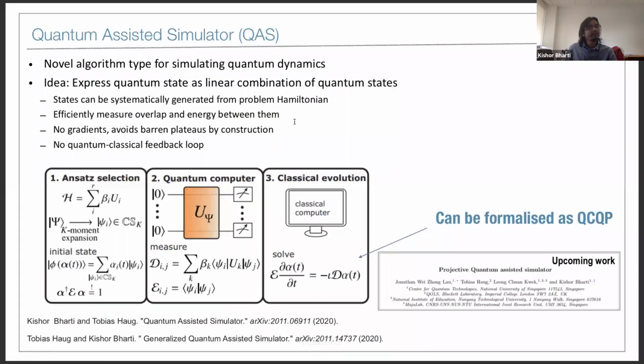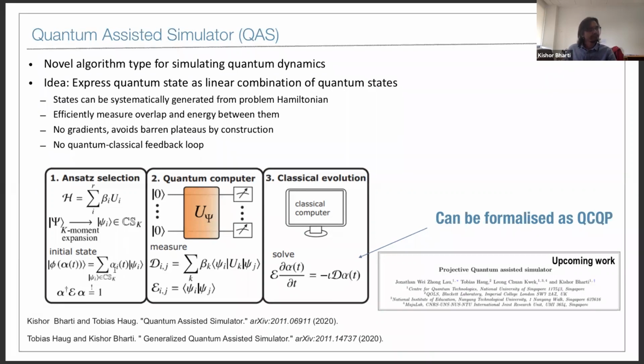For the dynamical evolution, like I mentioned earlier, the Dirac and Frenkel variational principle you cannot apply, but in fact it was applied in the gate-based implementation which Simon Benjamin and Ingley had. But in our approach, because we use these alphas as complex parameters, you can use any of those variational principles. And what we show is that, again, you do not have any feedback loop and there is no need to perform any Hadamard test.